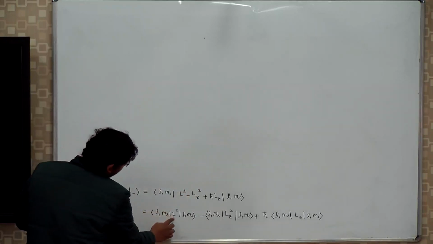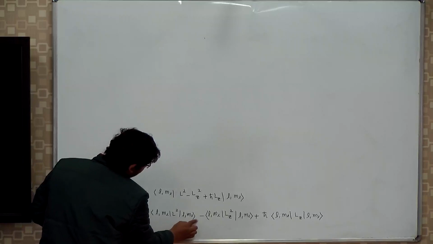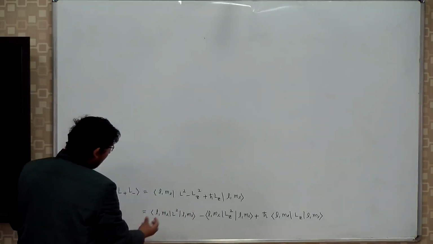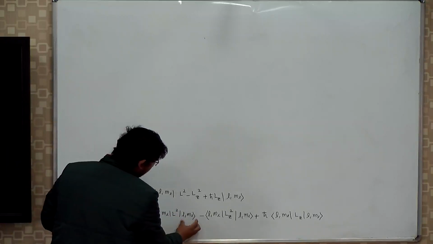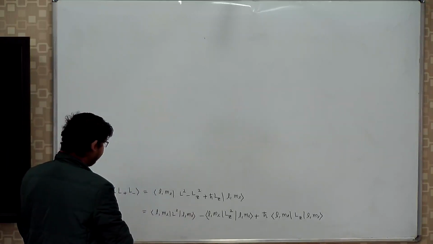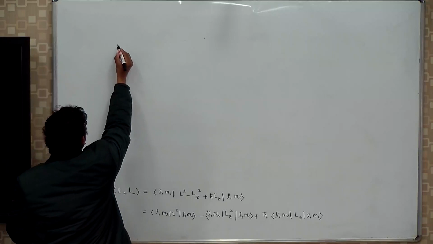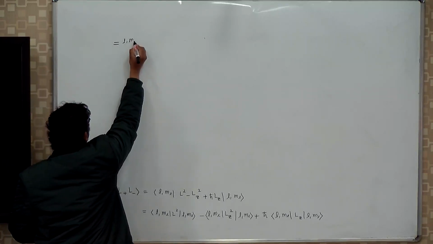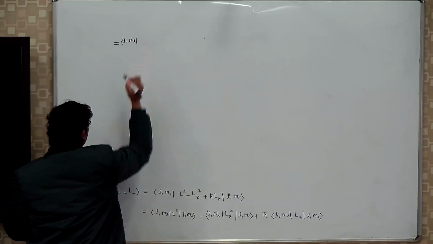So the total angular momentum acting on this state vector |L, ML> will give you the eigenvalue with the same eigenstate.